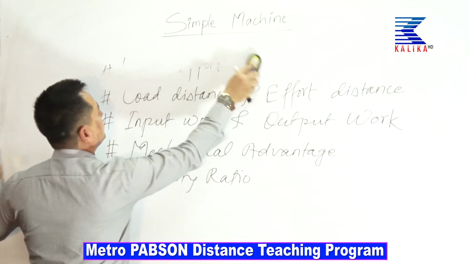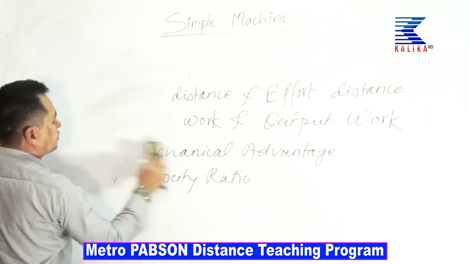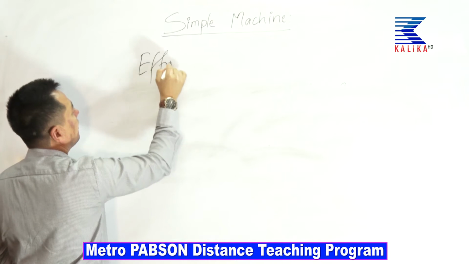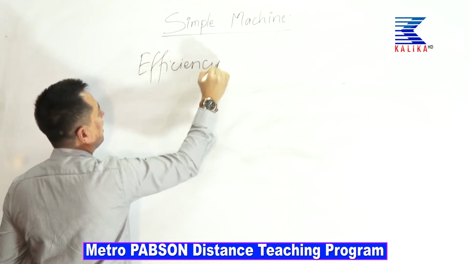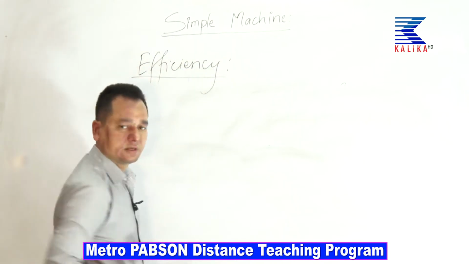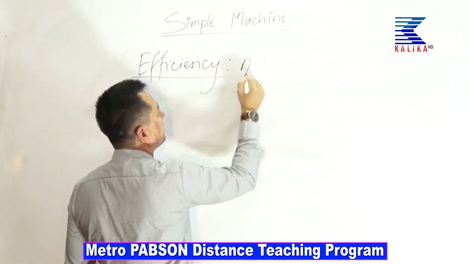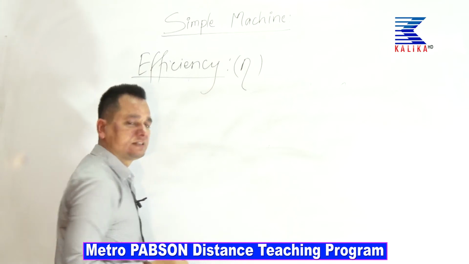The next parameter that we need to understand in a simple machine is efficiency. Now, what is efficiency? It is symbolized by the Greek letter eta.